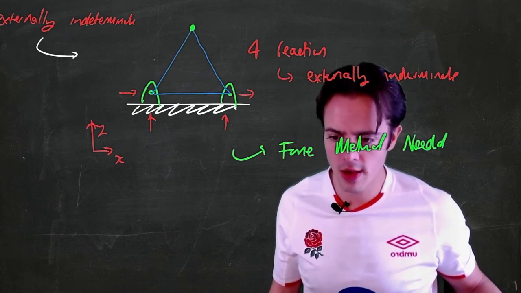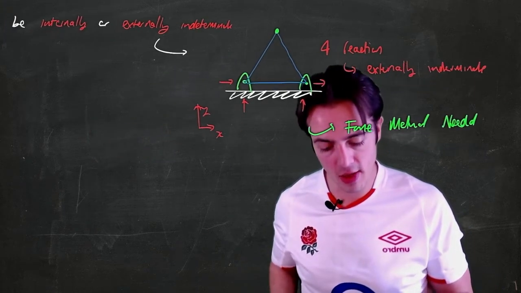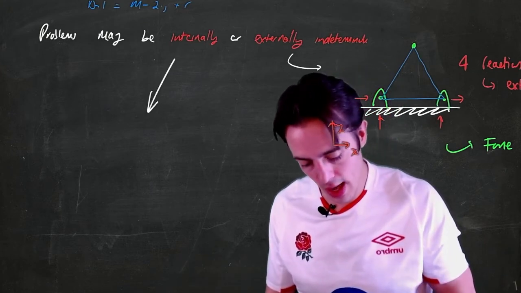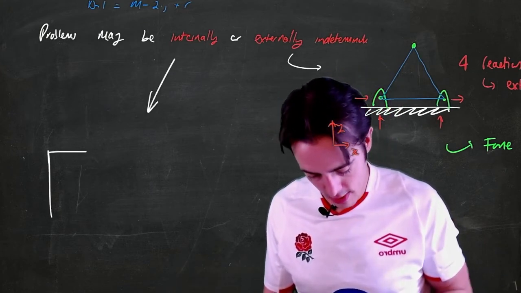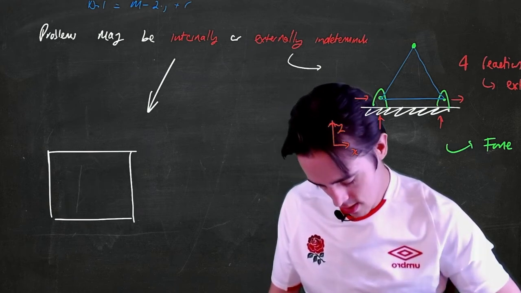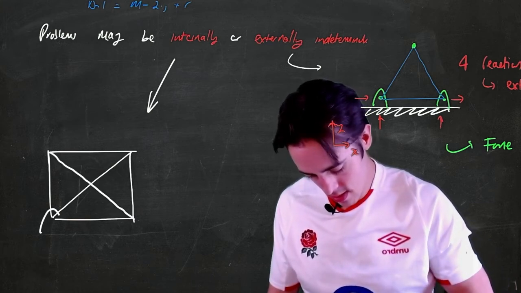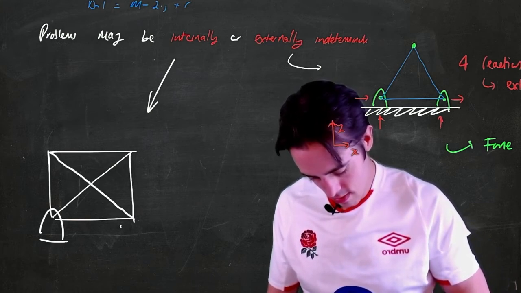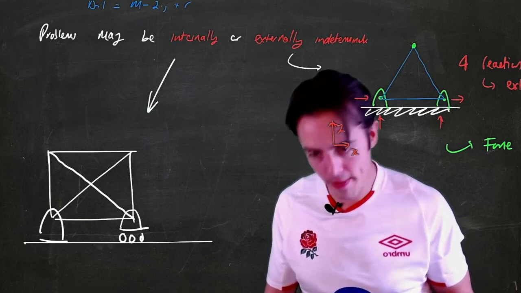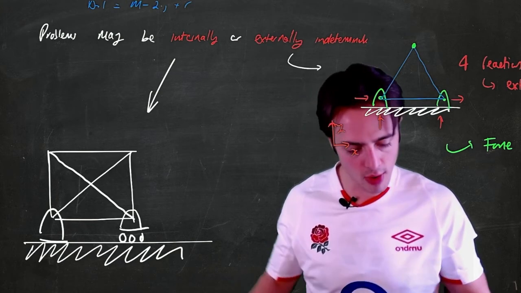Okay, so if a problem isn't externally indeterminate, but it still has a degree of indeterminacy of 1, for example, we could be looking at a problem like this. I've got one built-in and one roller support.